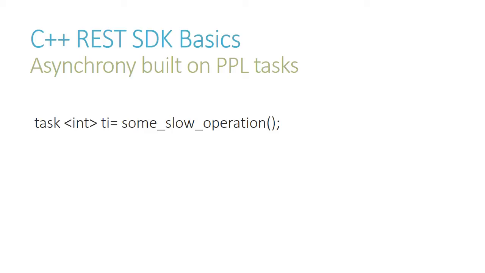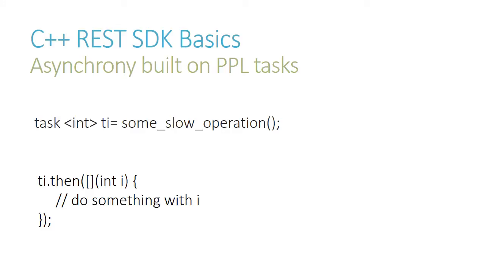This task will eventually be filled in with the result, but the function can possibly return without filling it in. Threads are very expensive objects, and therefore we can give up the thread while we are waiting for this operation to complete. We can continue to execute our program without this function necessarily finishing.